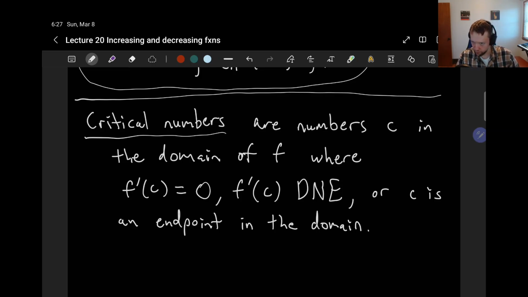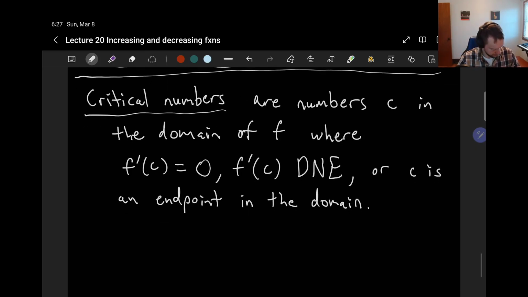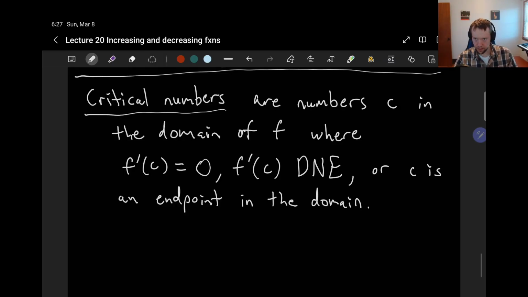That'll be a bigger focus for later. So if your domain is suddenly cut off at an x value, then you want to consider that as a critical number. So that's critical number: certain x values where the derivative behaves in these ways, or it's an endpoint.